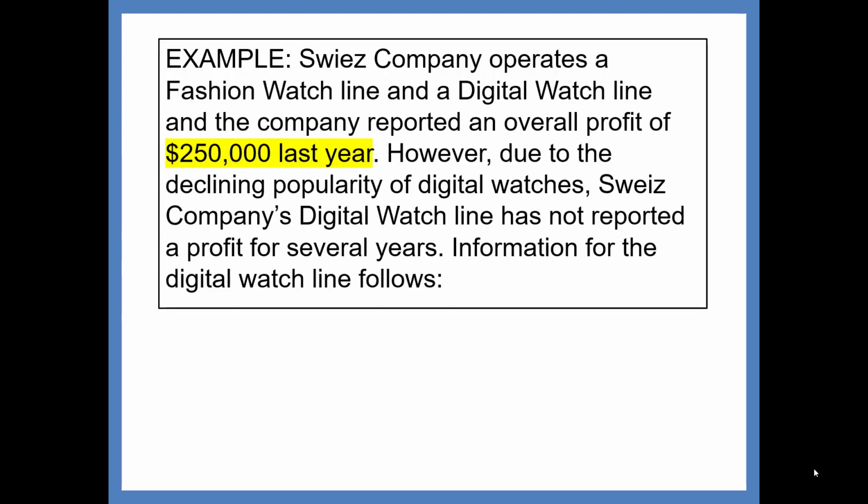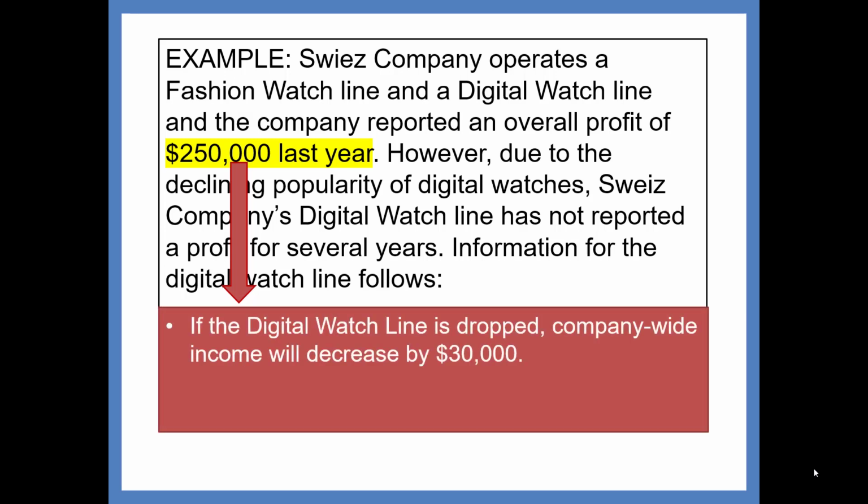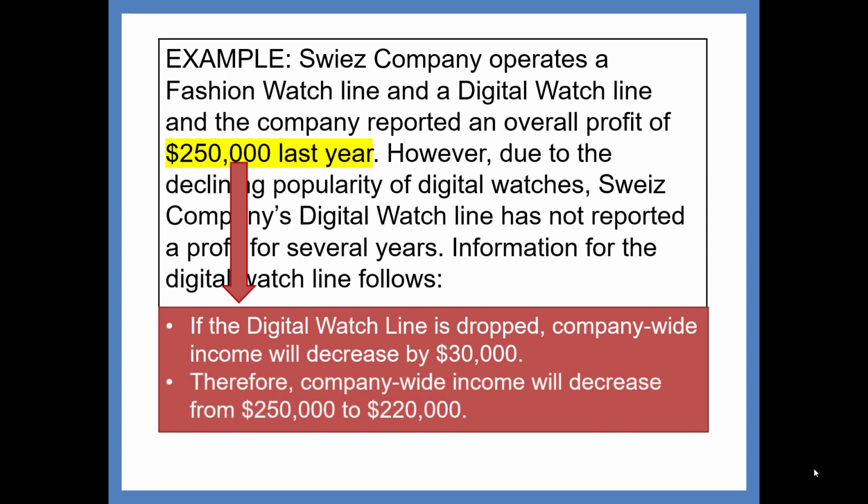Also, again, emphasize to yourself that what this means is that while income had been $250,000 last year, if we eliminate the digital watch line, we can expect that company-wide income will decrease by $30,000, which means company-wide income will go from $250,000 to $220,000.